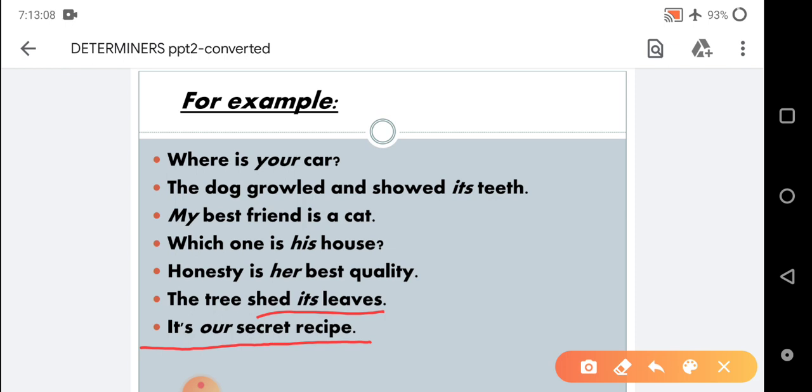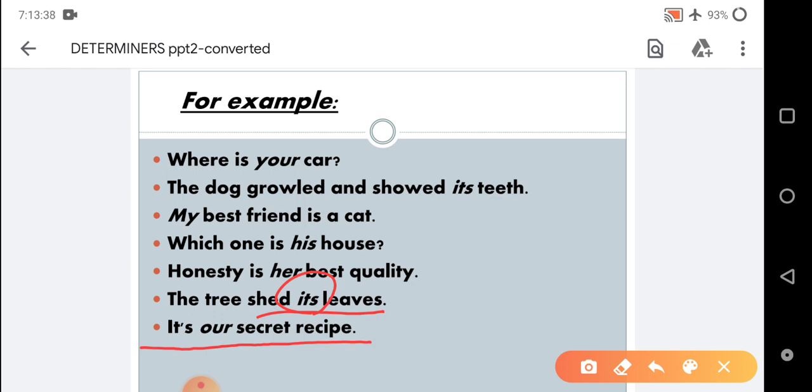In the second last sentence, its has not taken an apostrophe, whereas in the last sentence, there is an apostrophe. What does it mean? Possessives never take an apostrophe. They are always independent words in themselves. As in the second last sentence, the tree shed its leaves. This is a word in itself.